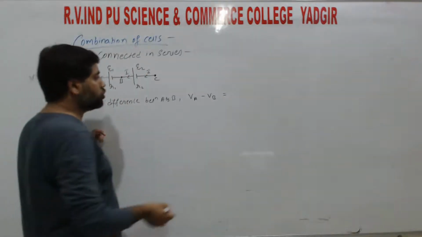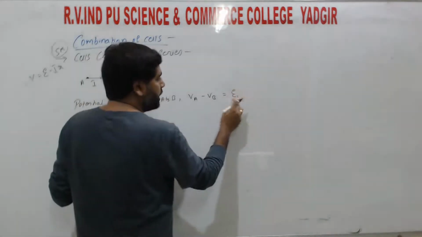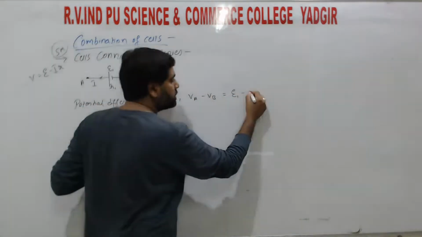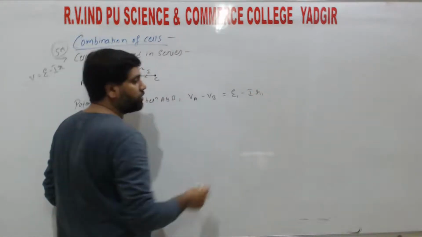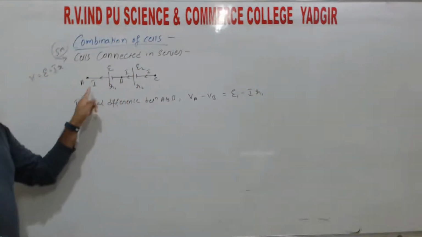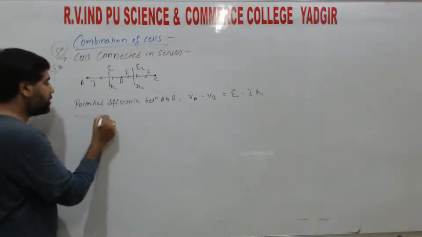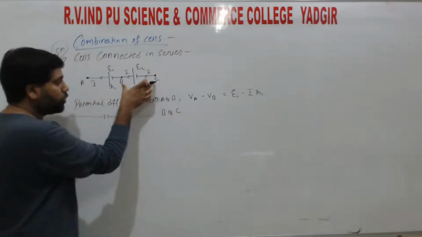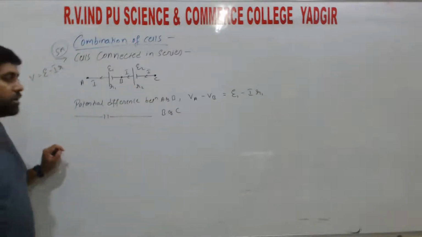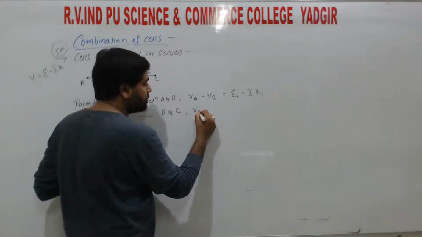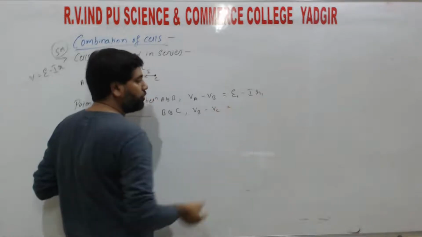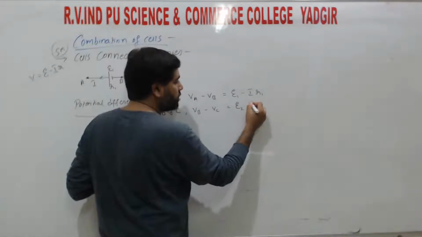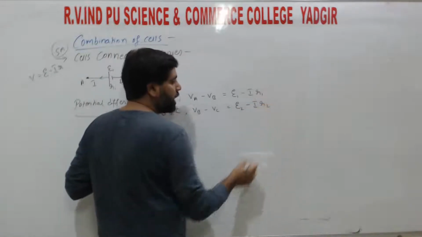is equal to the EMF of the cell, taken as E1, minus Ir1, where I is the current flowing in the cell. Similarly, the potential difference between B and C is VB minus VC, which is equal to E2 minus Ir2.